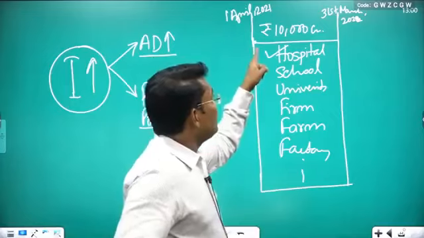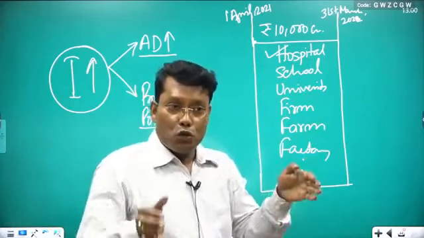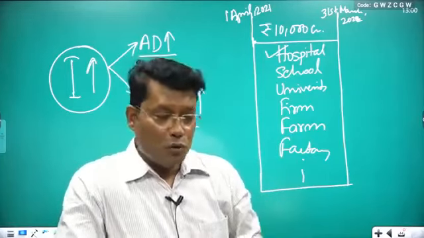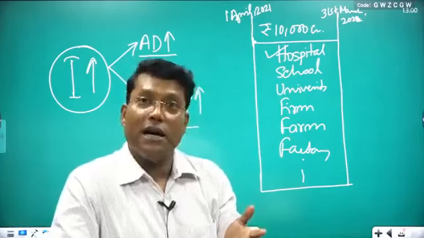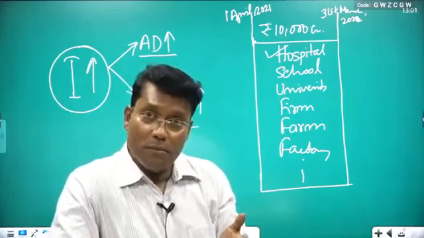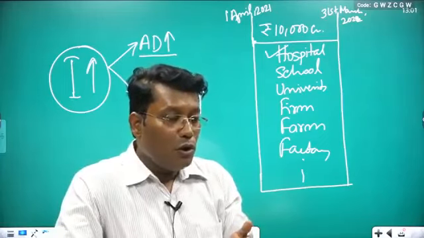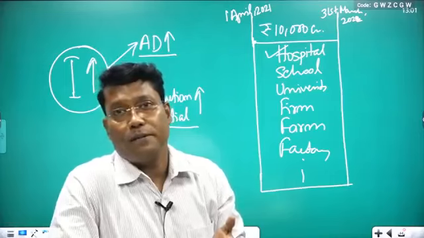So from first day, I started constructing the hospital building. So when you start constructing the hospital building, means you are going to demand bricks, cement, iron rods, the architect, the plumber, the civil engineers, okay. So these all you are going to demand here.